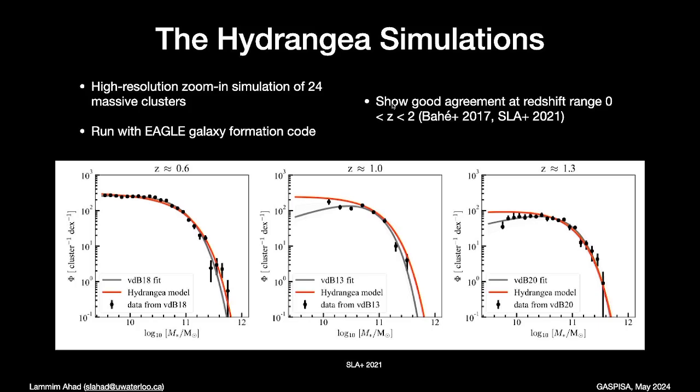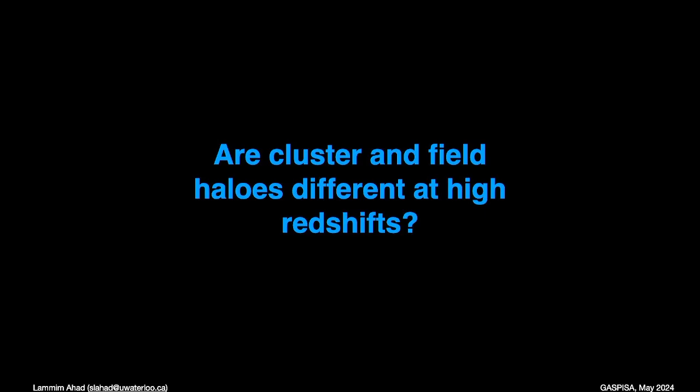We see that they have pretty good agreement, especially for galaxies more massive than 10^10 solar masses, which we are really more interested in understanding. So yes, we start with this question: are cluster and field halos different at this redshift?